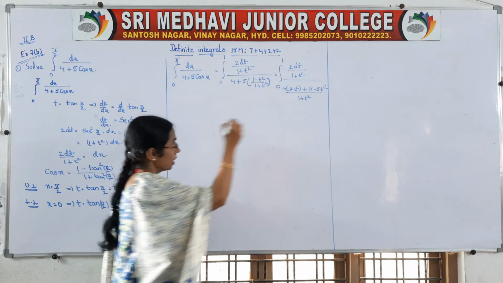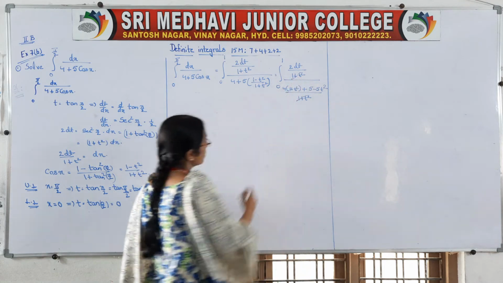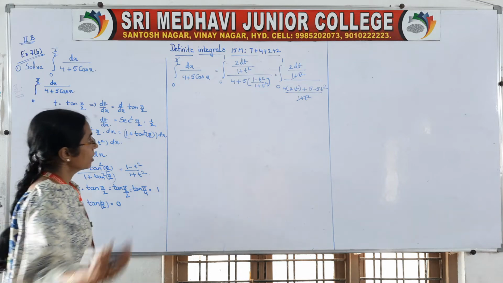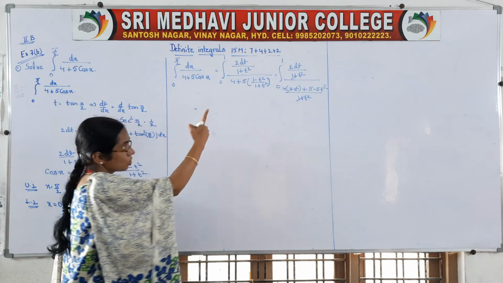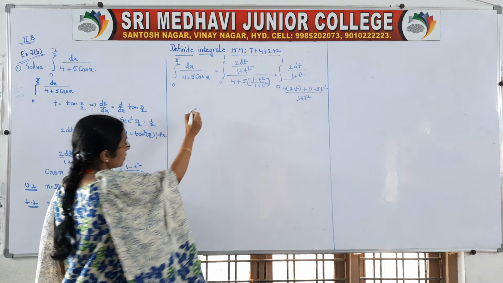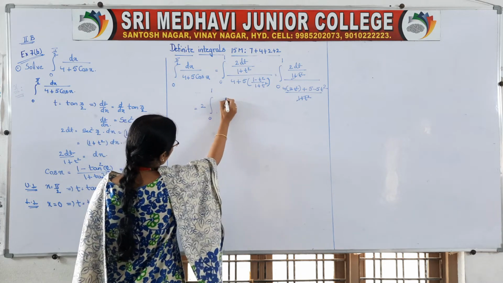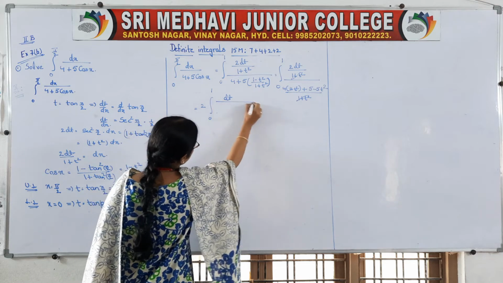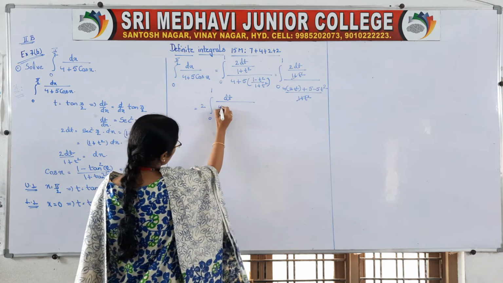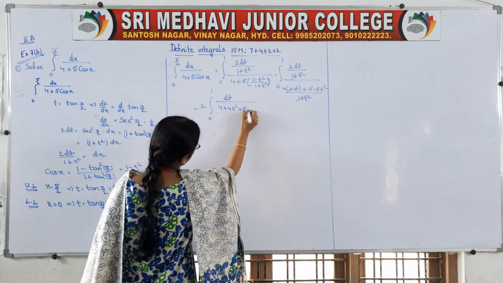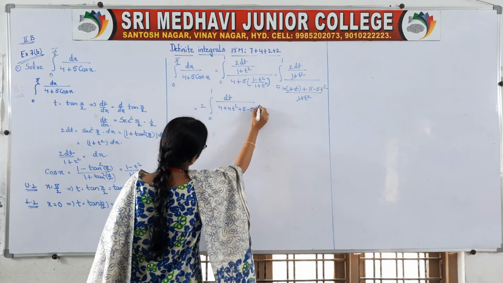So here 1 plus t square cancels, okay? So now 2 is constant. Whenever a constant is there in the integral, we write that one outside. So it is dt by 4 plus 4t square plus 5 minus 5t square.